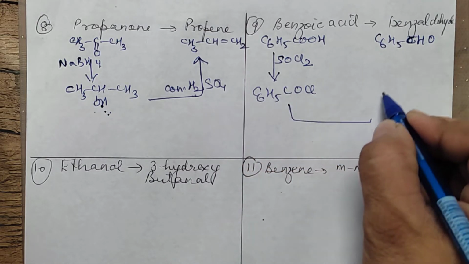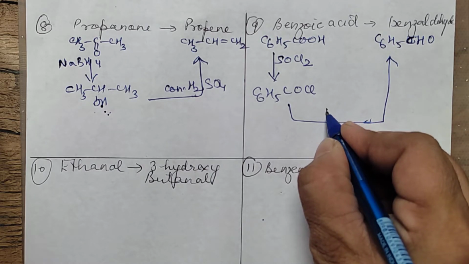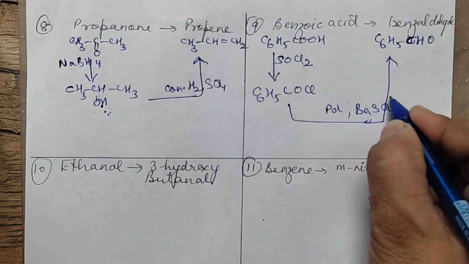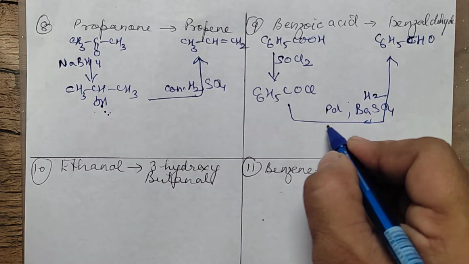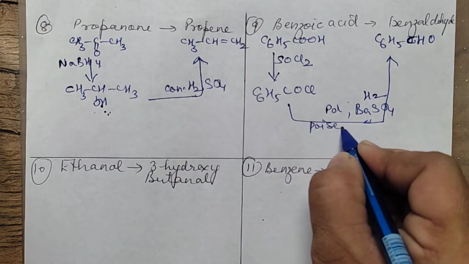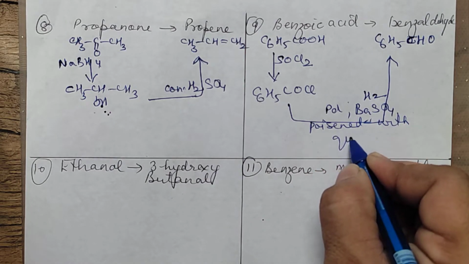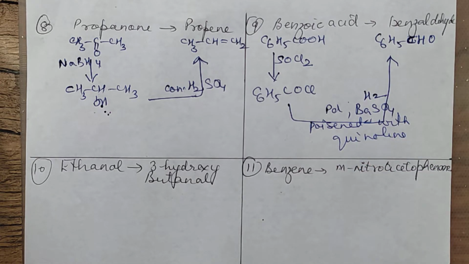And now this benzoyl chloride, one step conversion you have, you can just react with H2 in the presence of palladium, barium sulfate, poisoned with quinoline. So what you get is aldehyde. It's a Rosenmund reaction basically. Okay, clear? I hope the conversions are fine till now.